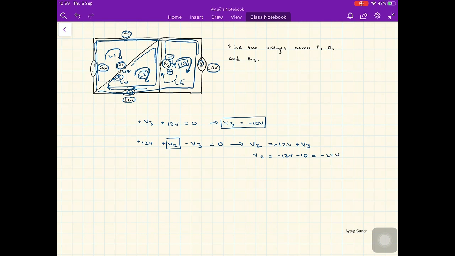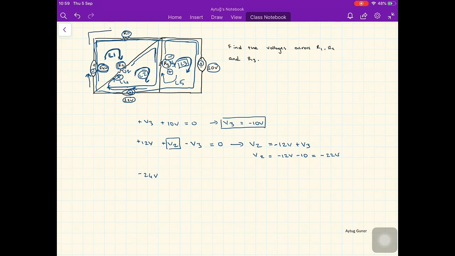So now we should find the voltage across R1, and we can take the loop L1. The loop L1 consists of the 24 volt source, so going around the loop in the clockwise direction, we first see the negative sign, minus 24 volt.